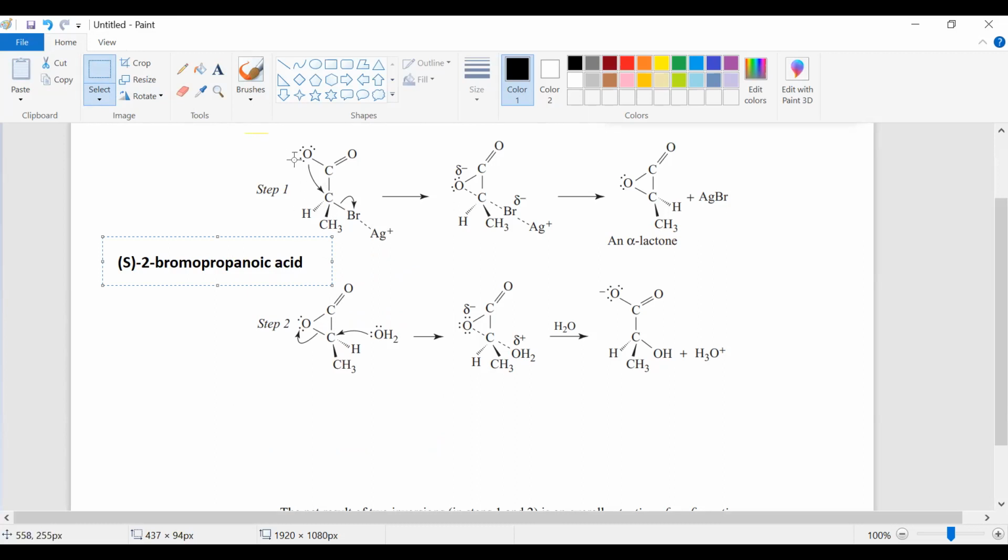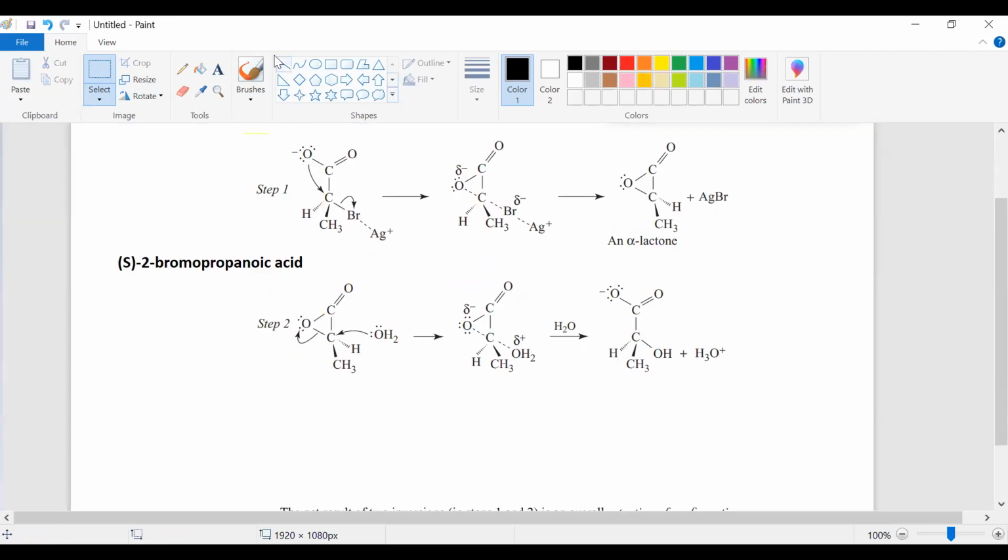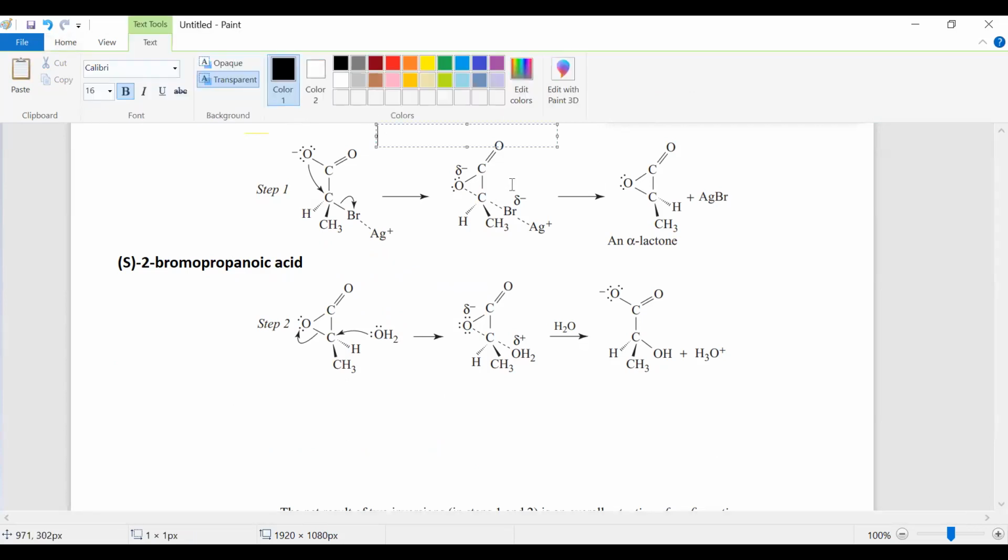Your propanoic acid dissociates to form your ions, your carboxylate ions here. Okay, so you have your Ag2O.